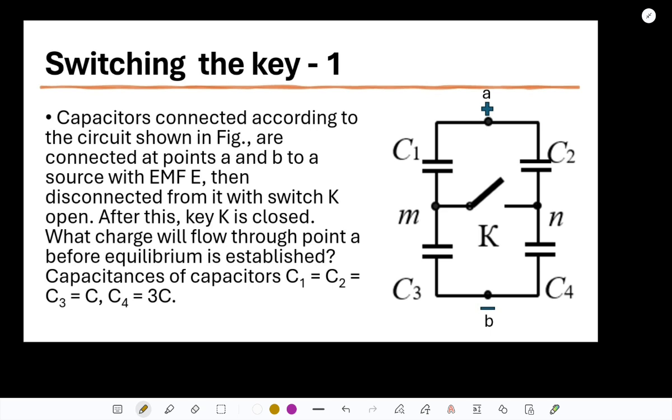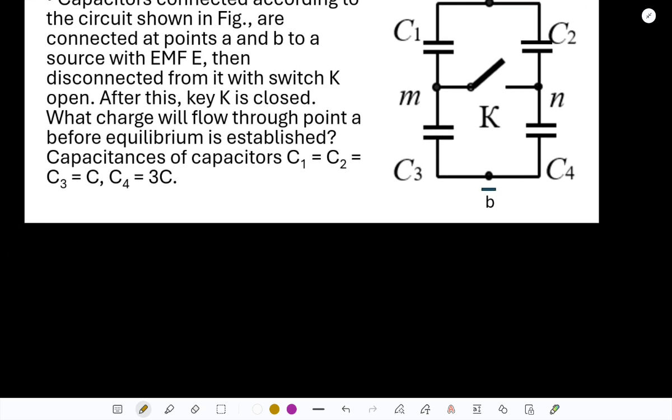So C1 and C3 will have the same charges. Let's call them Q1 and Q3. So Q1 and Q3 will be the same, and this can be written as E multiplied by the equivalent capacitance of C1 and C3.